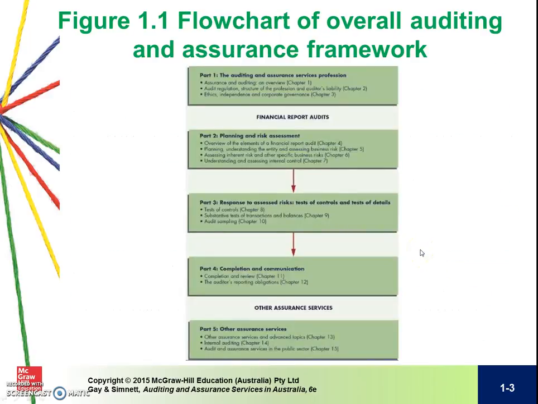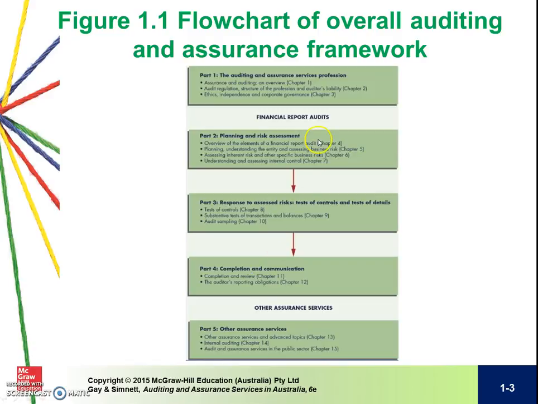Now, this is the flowchart of our course. The course is divided into 5 sections, of which part 1 is an overview of the auditing and assurance services profession. We cover this in 3 weeks, week 1 to week 3. From week 4 to week 12, we cover the whole process of financial report audits from the beginning, like planning and risk assessment, through the execution phase, and then go to part 4, completion and communication.